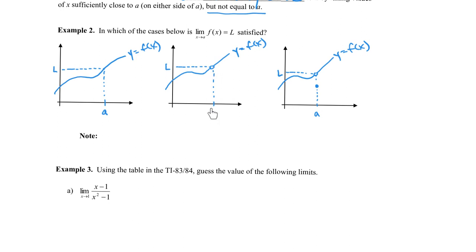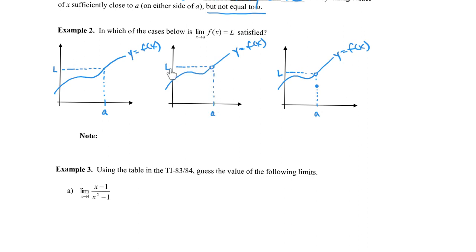So if you think about what's really happening, there's this one hole in this graph at L. But isn't it true we could get this function infinitely close to L from numbers just above L and also numbers just below L just by getting our x values close enough to a, either below a or above a?